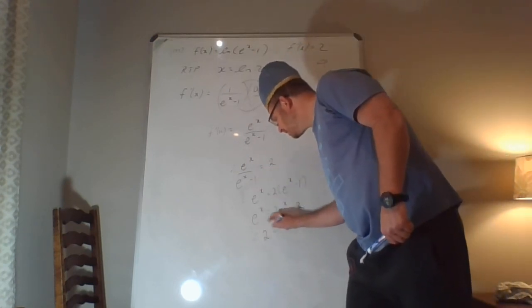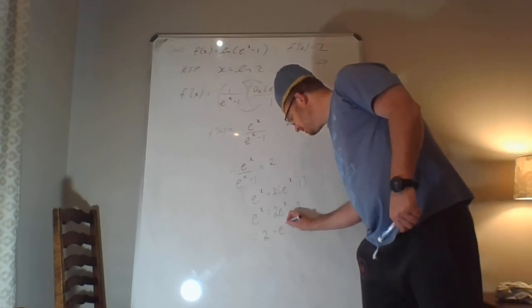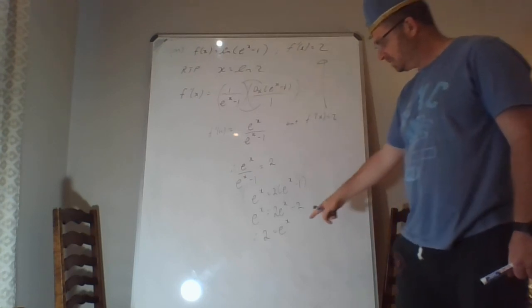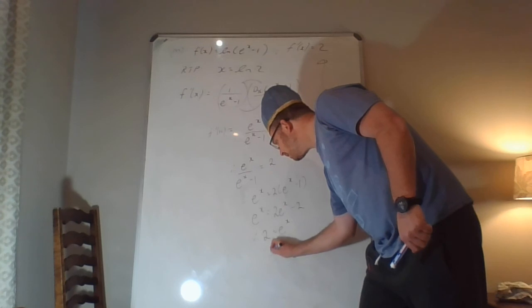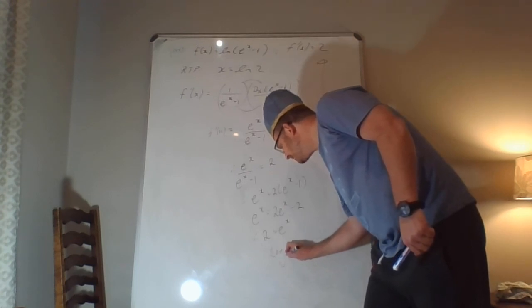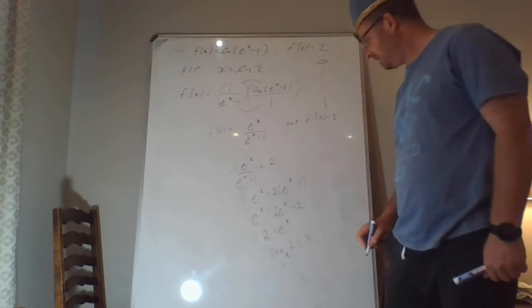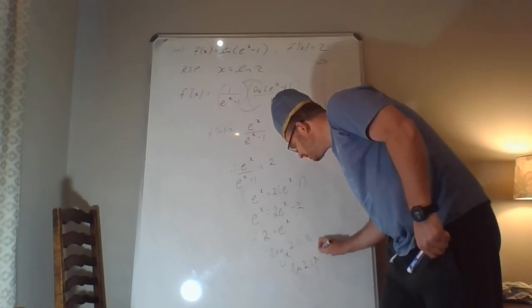So I get 2e to the x minus e to the x is e to the x. So 2 is equal to e to the x, but I've got to show that x is equal to ln 2. Well, if you use the definition now, you're going to have log base e of 2 is equal to x. In other words, ln 2 is equal to x.